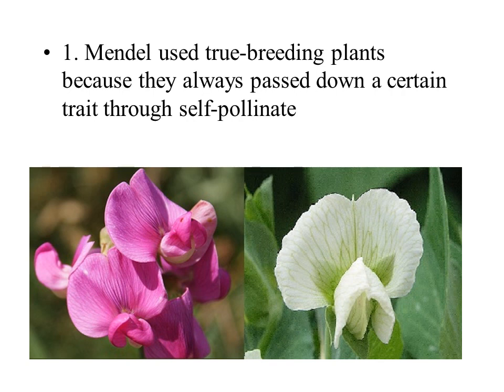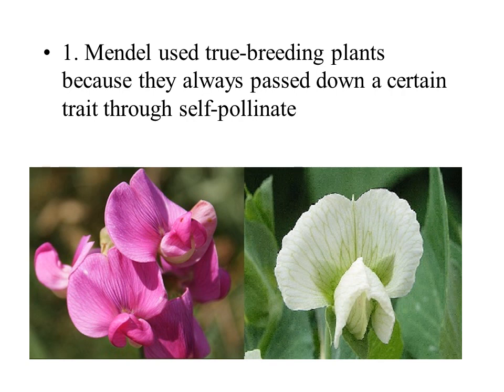So what is a true breeding plant? If a plant is only mated with itself, it will only produce offspring that look identical. So in the image we have a purple pea plant and a white flowered pea plant.